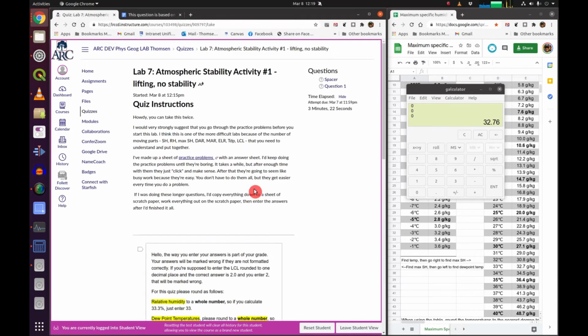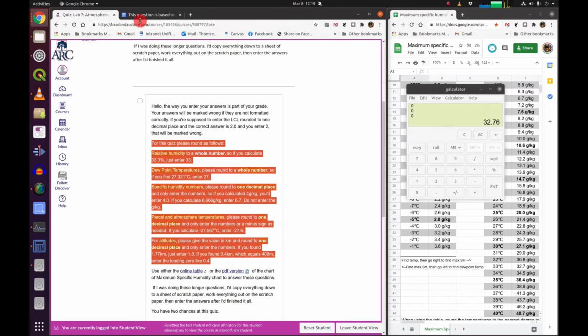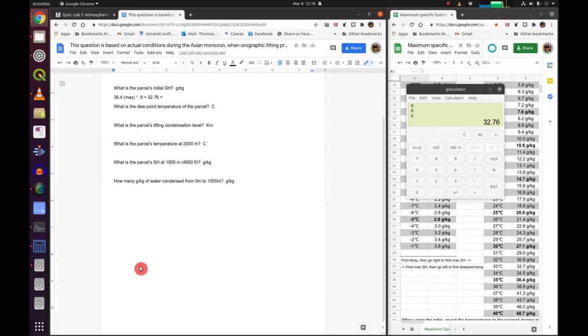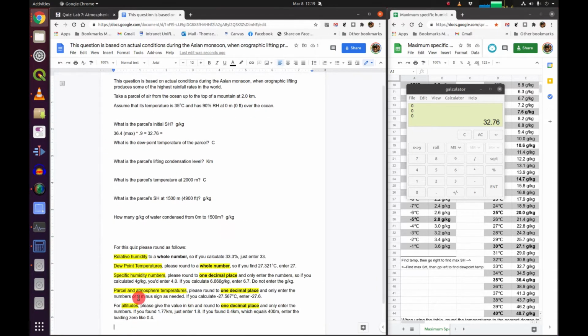And if I was smart, I would have copied that. Now let's put that down here at the bottom so that I can refer to it. That's a specific humidity, so enter 1 decimal place, so that's 32.7.